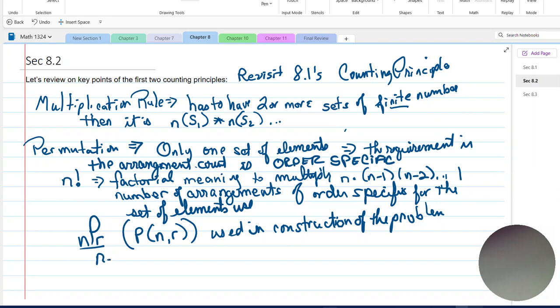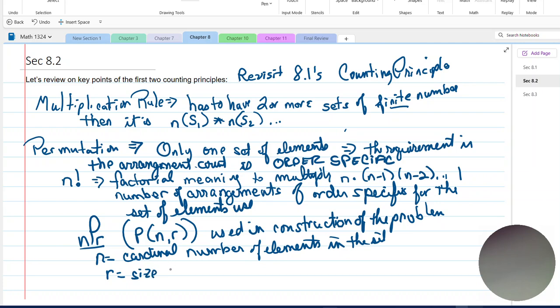On this one, the n is the cardinal number of the elements in the set, and r is the size, and it's a subset of the size of the arrangements wanted. All right. Again, order specific.